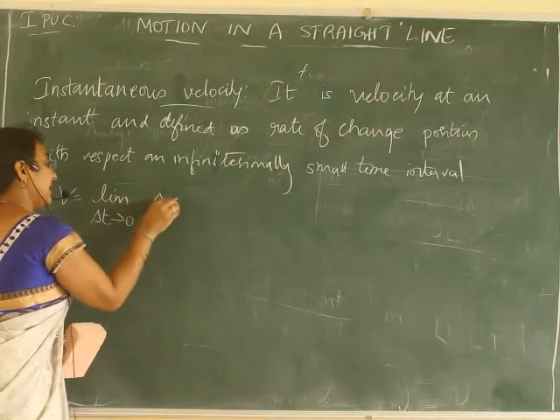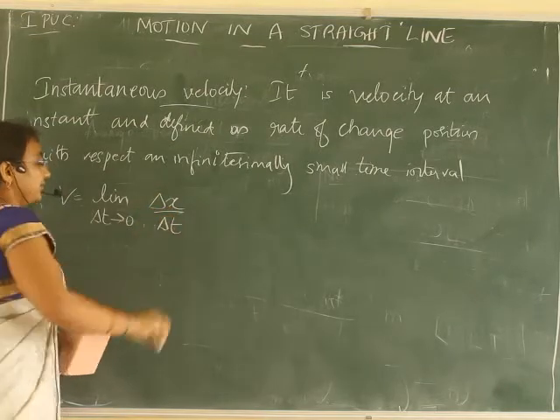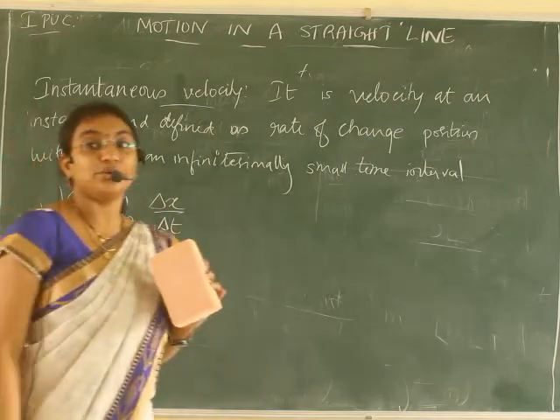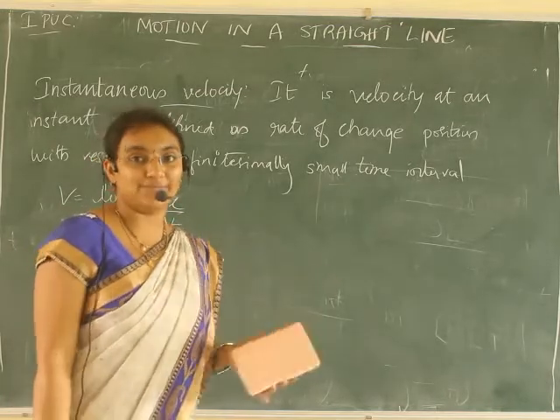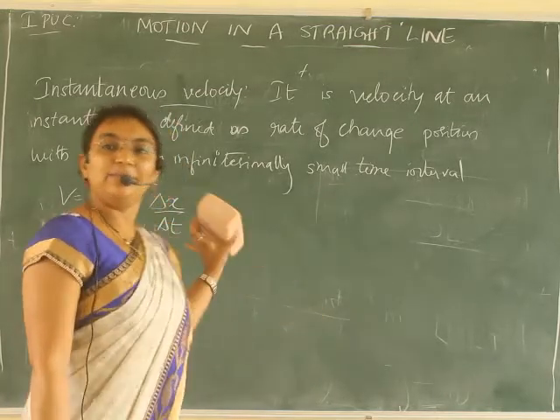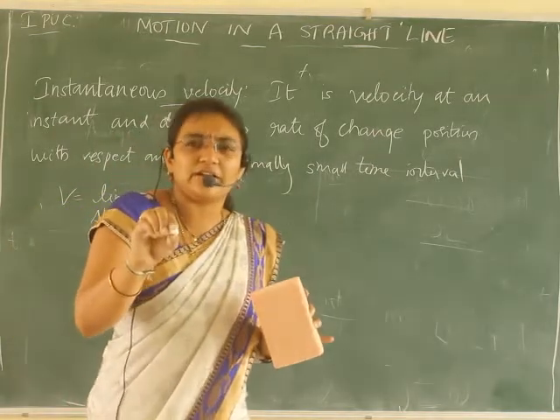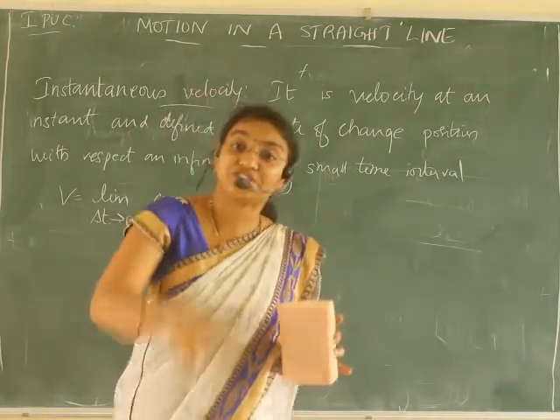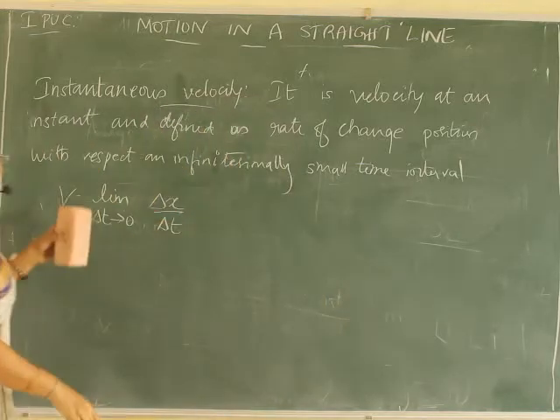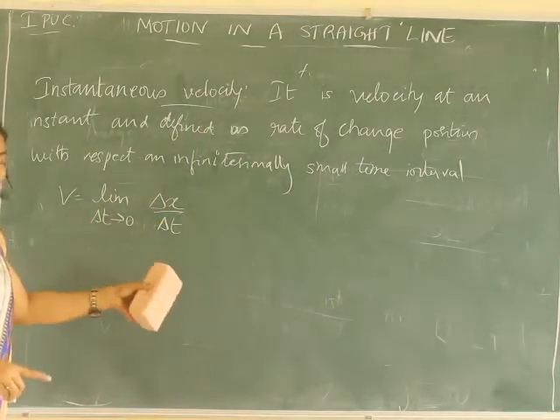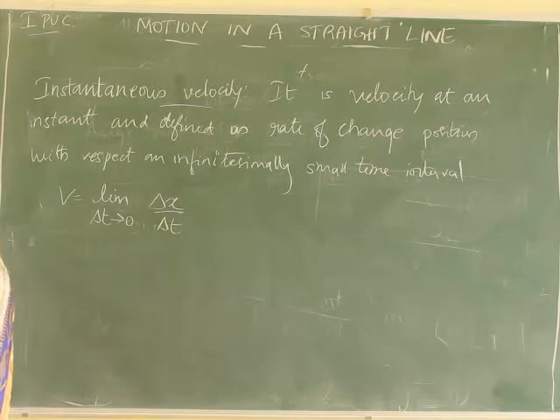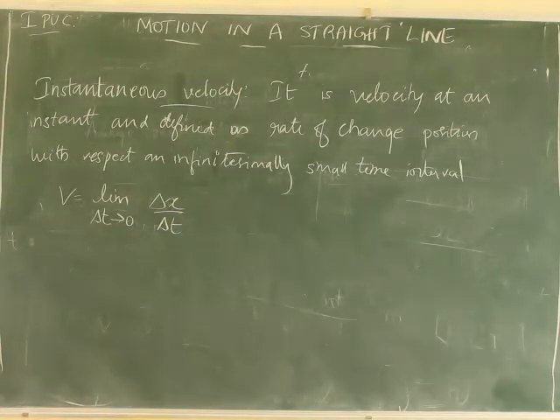You will learn more about this limit when you learn it in mathematics. Limit means a very small time interval, but it is not equal to 0. It tends to become 0. So limit as delta t tends to 0, delta x by delta t is equal to instantaneous velocity. Understood?